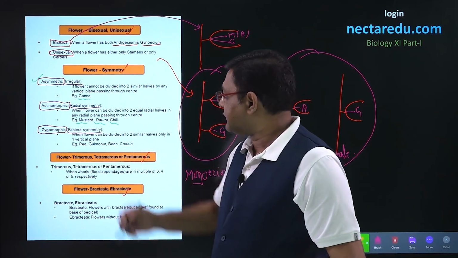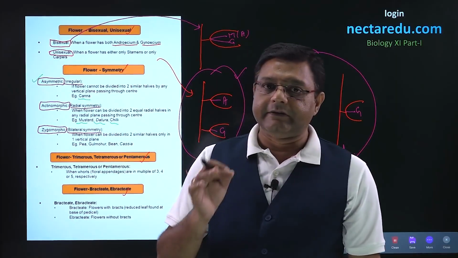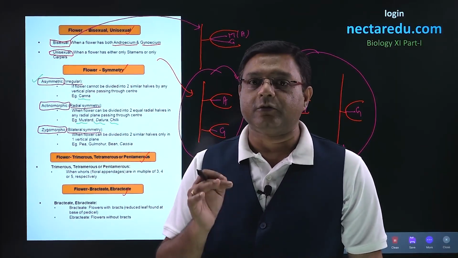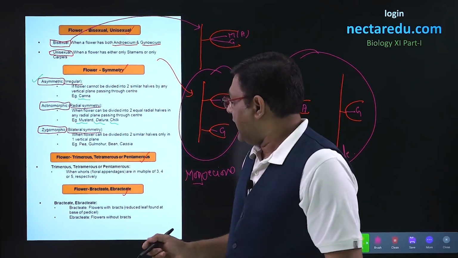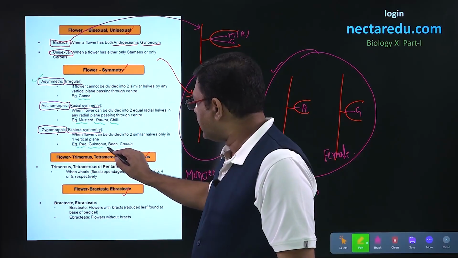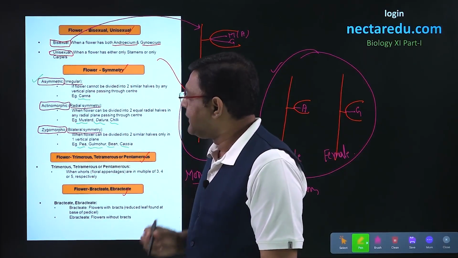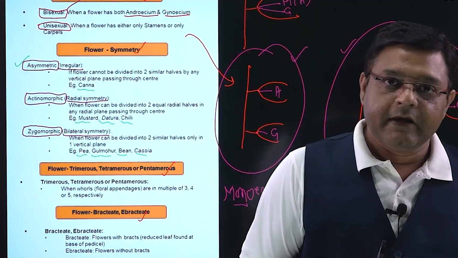The third is the zygomorphic one. In zygomorphic symmetry, there will be just one plane passing through center which will divide it into two equal parts. And examples of zygomorphic are pea, gulmohar, bean and the cassia. So, these are the three types of symmetry of flower.